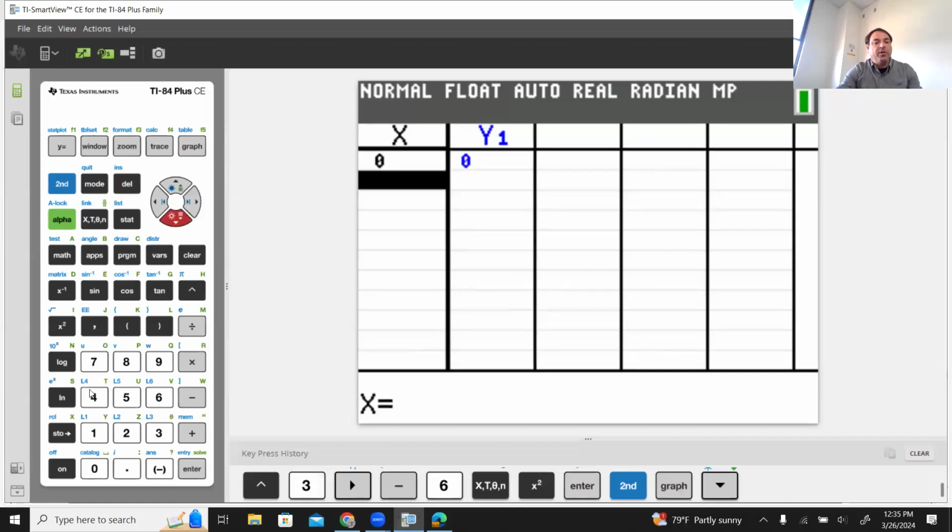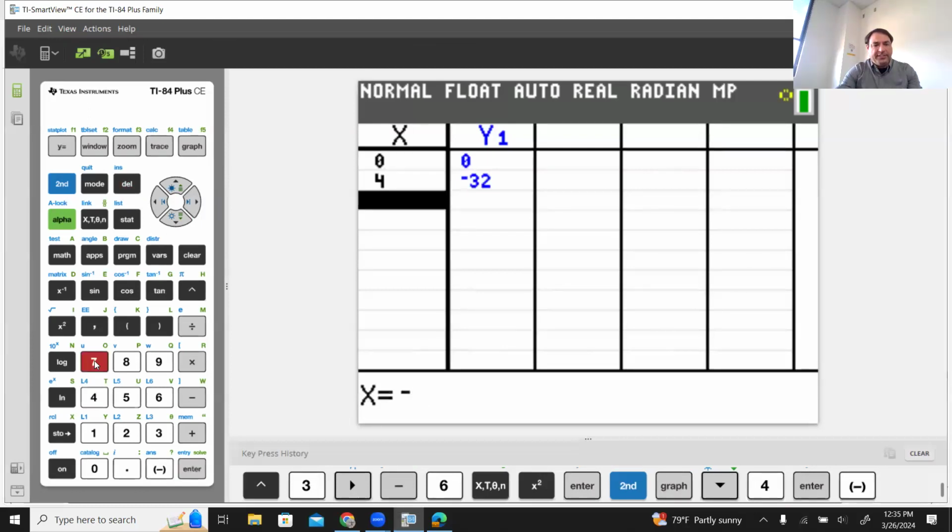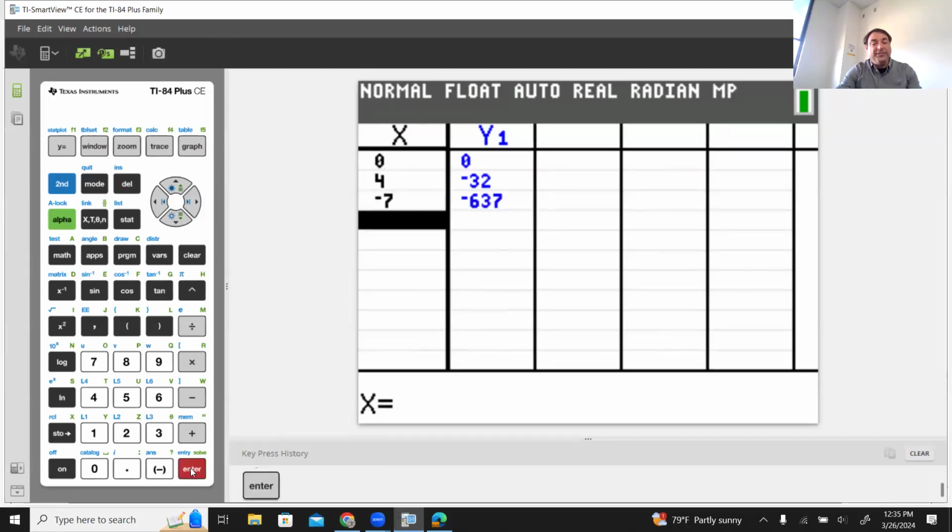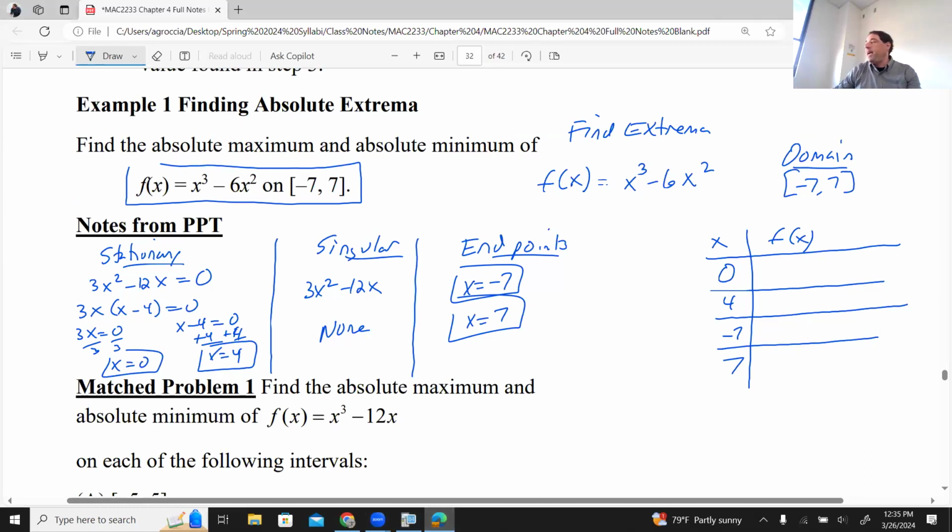We plug in 0, which gets 0, 4, which gives us -32, -7, which gives us -637, and 7, which gives us 49. So we're gonna have to really work our window for this one. So again, in addition to all of that work, you need to know how to make an appropriate window.